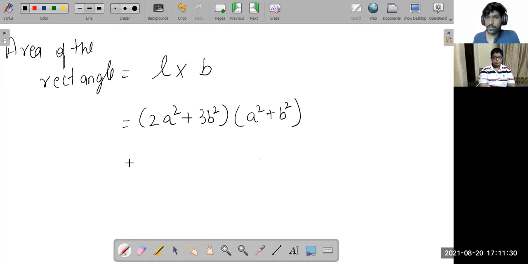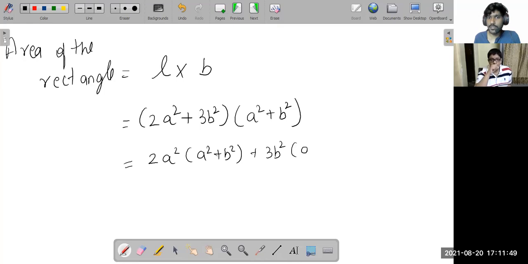Do bracket to bracket multiplication. So do you remember bracket to bracket multiplication? So 2a squared multiplied with a squared plus b squared, then plus 3b squared multiplied with a squared plus b squared. Now multiply 2a squared inside the bracket and 3b squared inside the bracket.